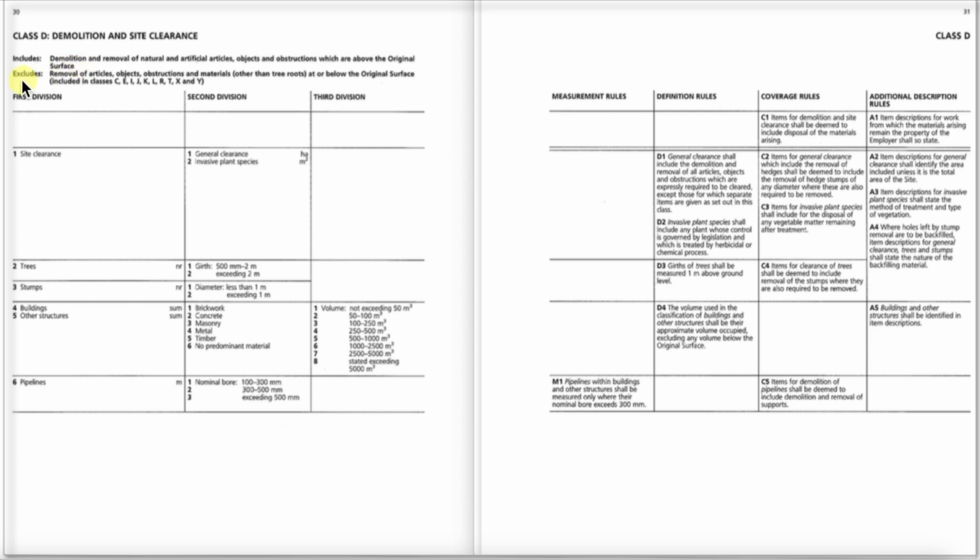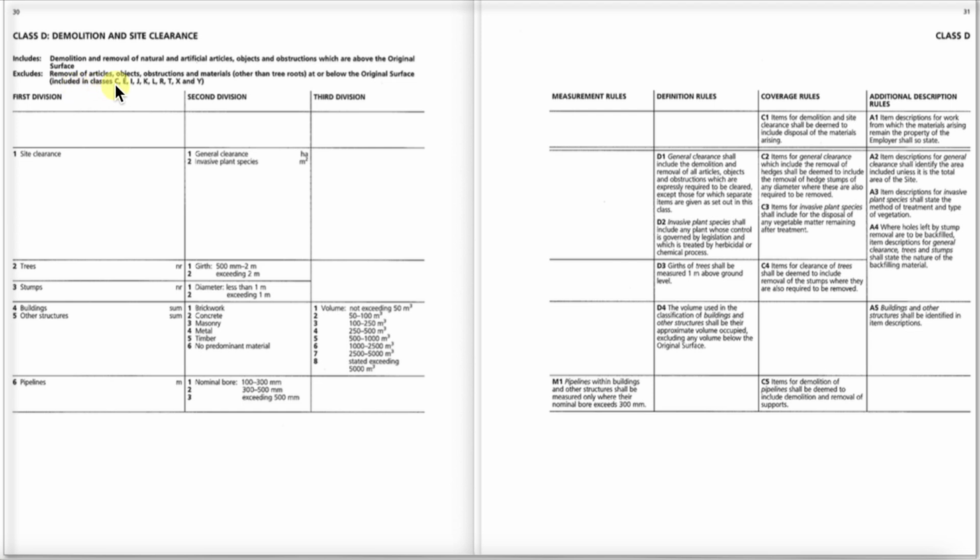The excludes tells us that removal of articles, objects, obstructions and materials other than tree roots at or below the original surface. So this is telling us that demolition and site clearance is an area business. It's not a depth. We're not excavating anything. And it does give some examples of where some of the stuff below ground may be included.